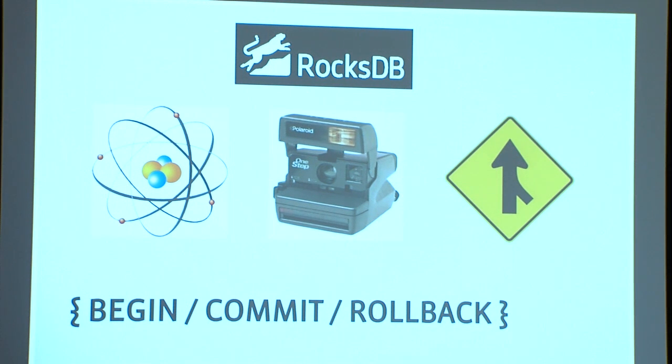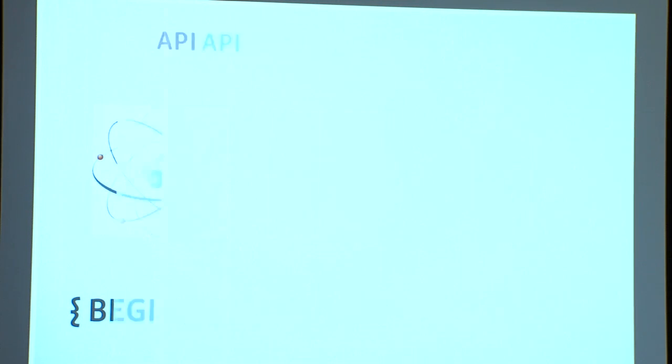Or in our case, we have arbitrary SQL transactions with many SQL statements that application developers are writing all over Facebook. We need to translate those down into RocksDB operations. So the only way to easily do that is to have a begin, commit, rollback style API.